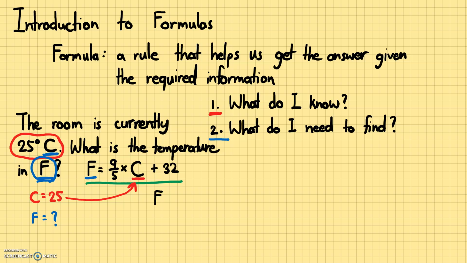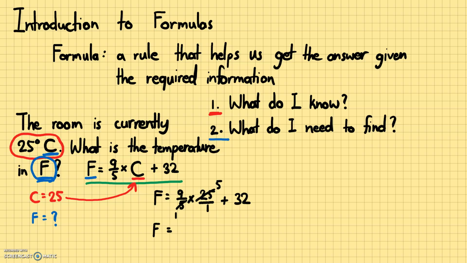So F equals 9/5 times, I'm using 25 instead of C because C equals 25. Let me actually put it as a fraction so that I can multiply with 9/5, plus 32. Then I can cancel here. So this 5 is 1, 25 becomes 5.